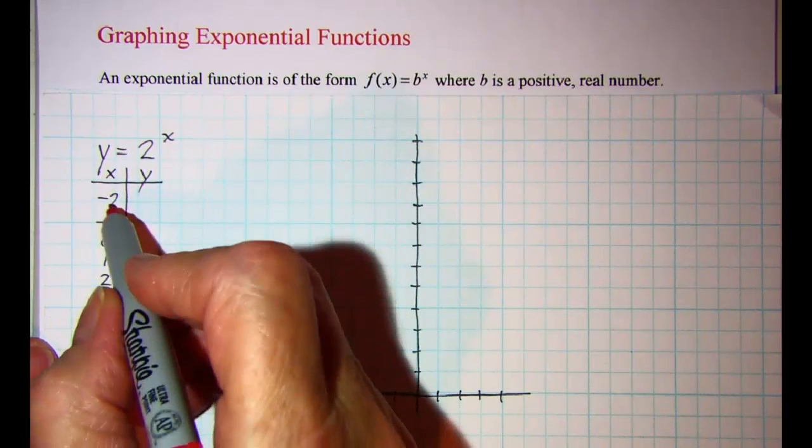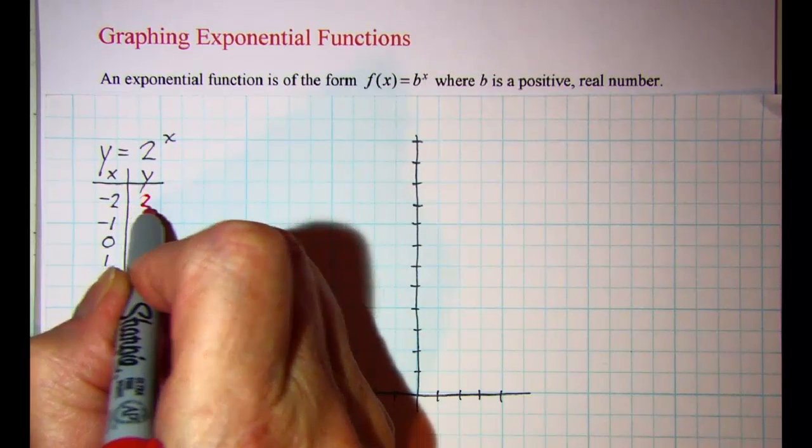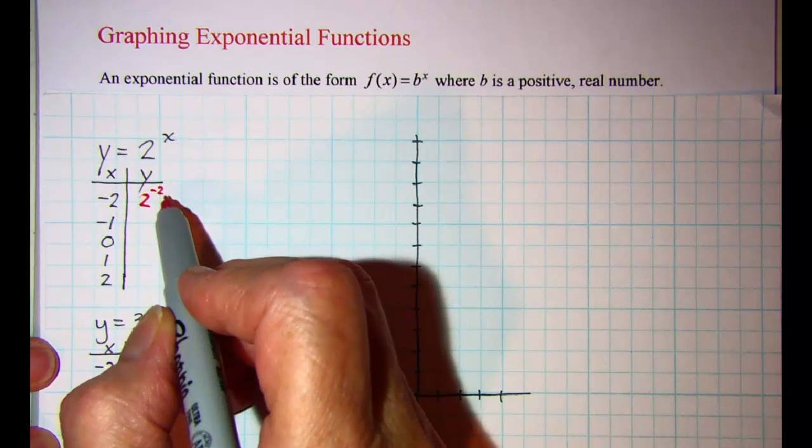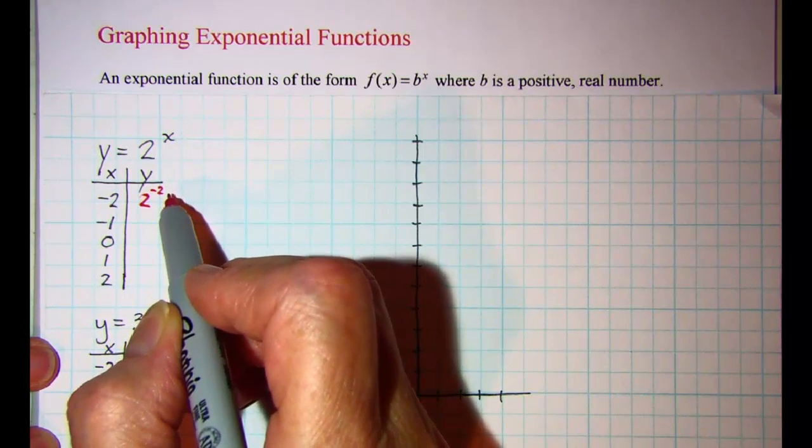If x is negative 2, we have 2 raised to the negative 2 power. Recall that a negative exponent makes the expression 1 over.